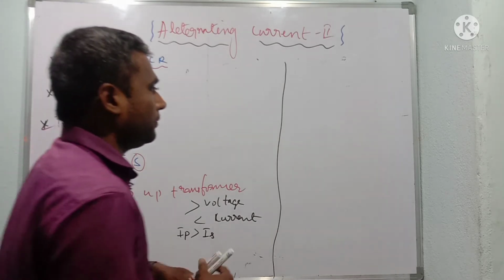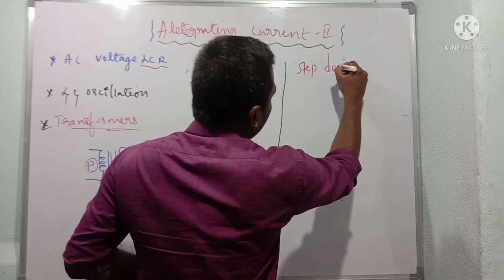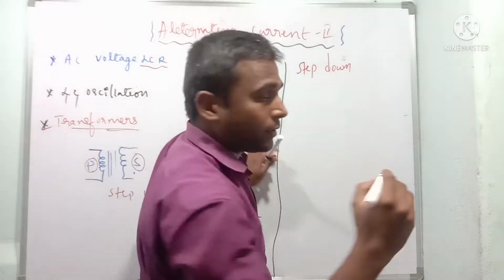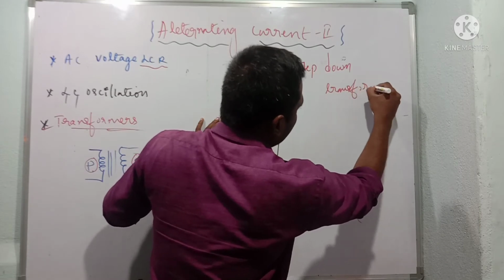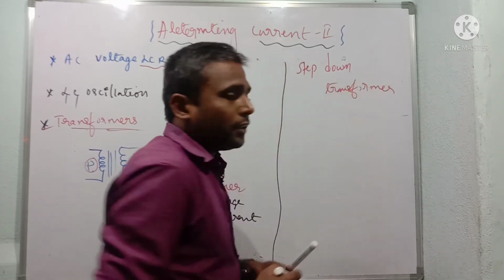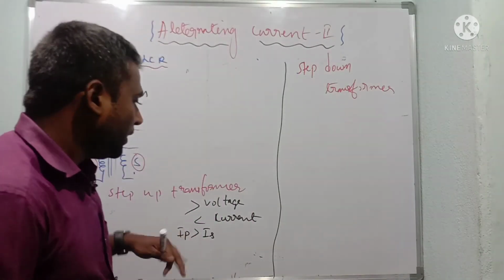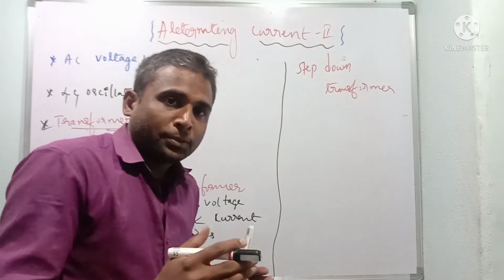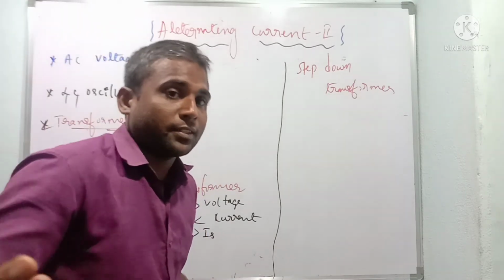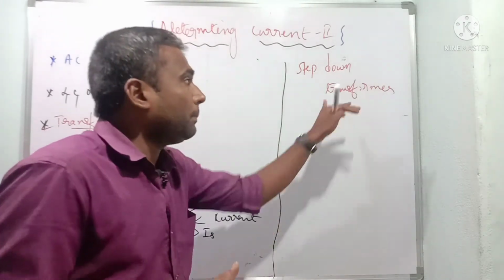Step down transformer. Reverse. Step down transformer. So here we are going to decrease the voltage. Step up means what? We are going to increase the voltage from substation to main station. Voltage will be increased. Again, from your transformer to your home, that is step down transformer.